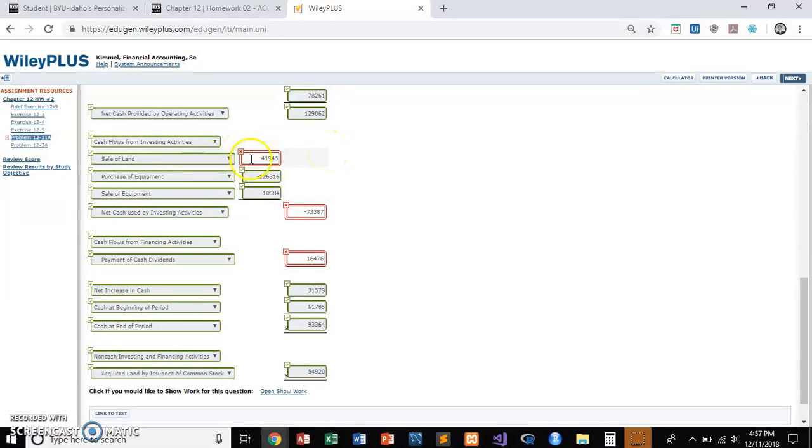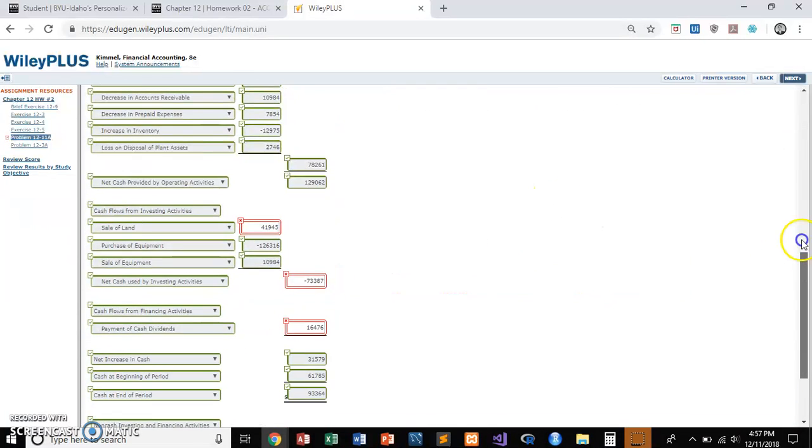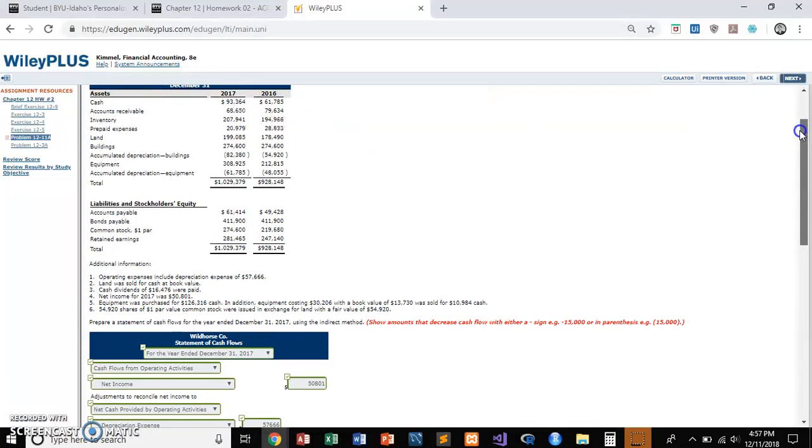I tried a couple things for this sale of land part. It says that they sold the land for cash at book value, and I was assuming that book value was going to be this number, the 199,085. So I put that in the first time and I got it wrong.